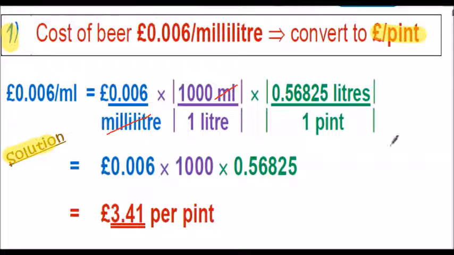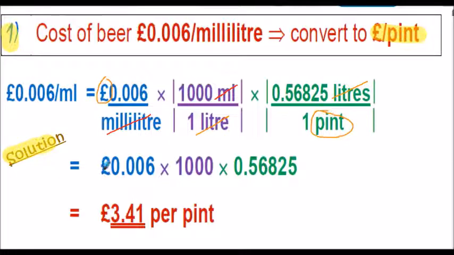But then I need to convert the litres to pints. So again, another unity bracket here. The 0.56825 litres is equivalent to 1 pint. The litres in the denominator here, I cancel with the litres in the numerator here. So I'll end up with the unit of pounds per pint.